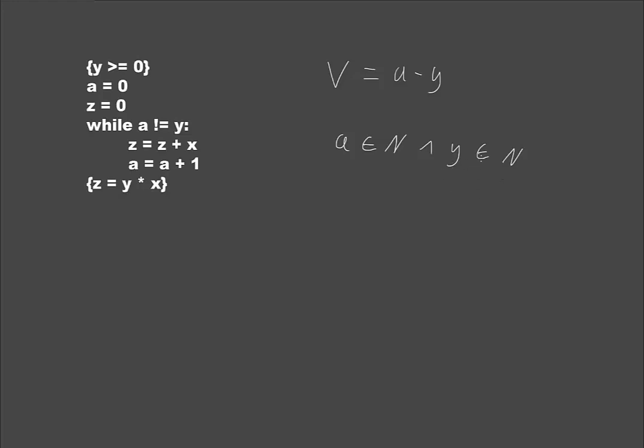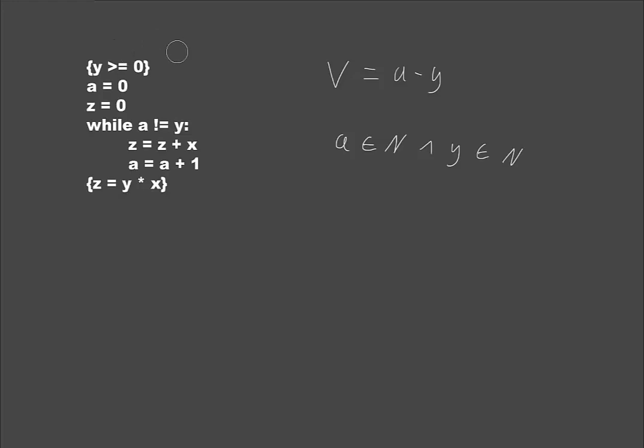Or you could even list this as a precondition, because does this loop work if y is equal to 1.5? The answer is no, because it will skip past y. It will never equal y. This will go forever. And that's actually not listed as a precondition. It does still meet the requirement that it's greater than 0.